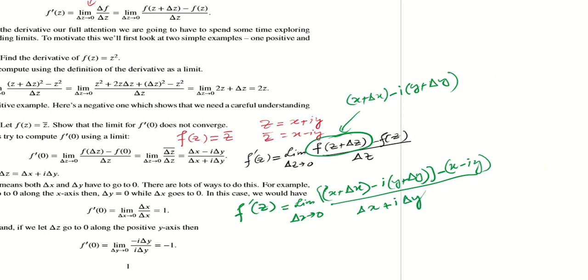This is delta z. Okay, now let's define this function at z equal to 0.